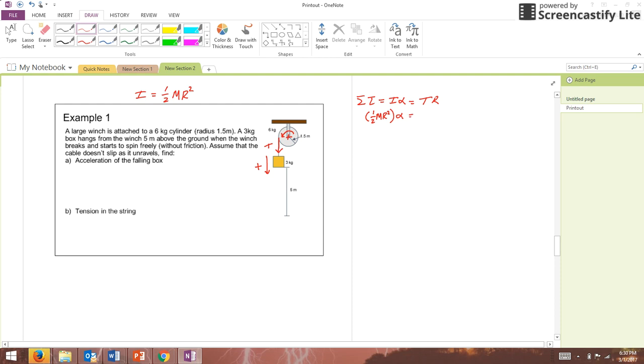Times alpha equals TR. Now the other problem is we're looking for the acceleration, a, and we have an alpha. So recall that a is equal to r times alpha. So alpha is equal to a divided by r. So we'll just substitute that in.